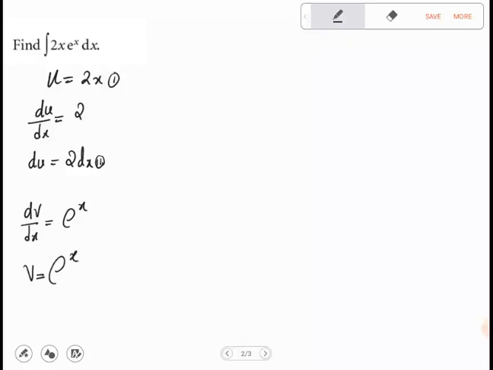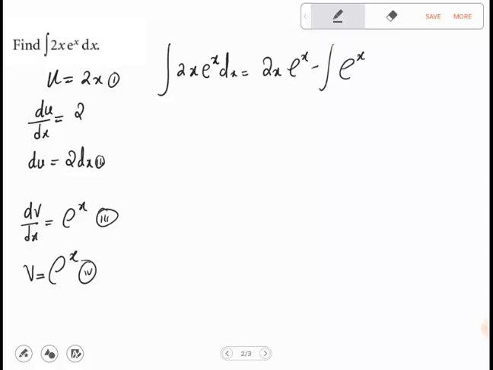All right, so we have everything now. We can integrate the integral of 2x e to the power x dx equals, what is u? u is 2x. What is v? v is e to the power x, minus the integral of v, which is e to the power x, multiplied by du. du is 2 dx.